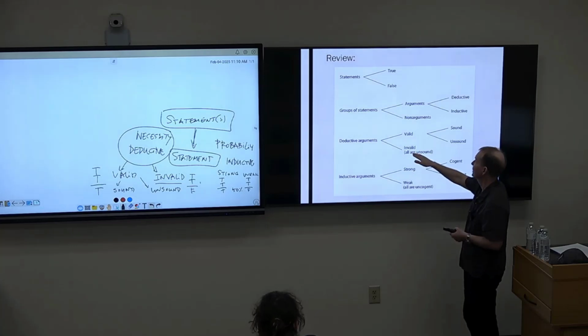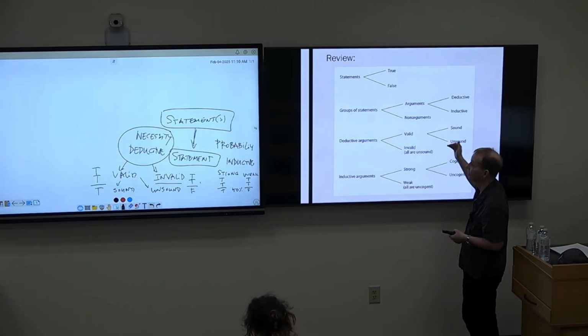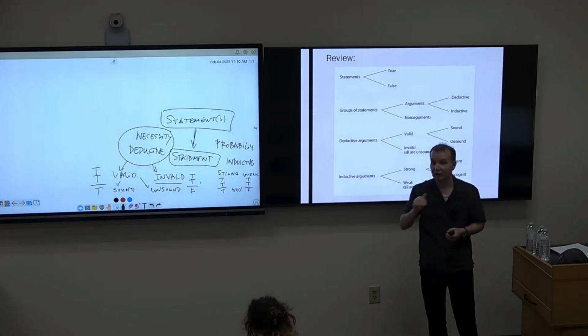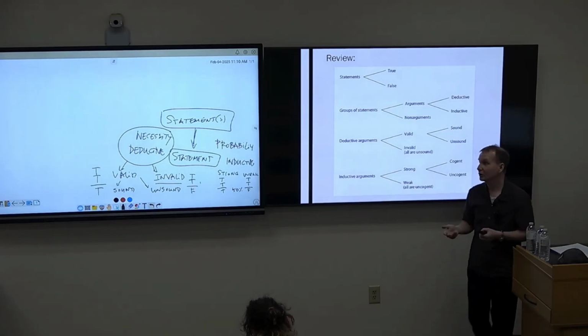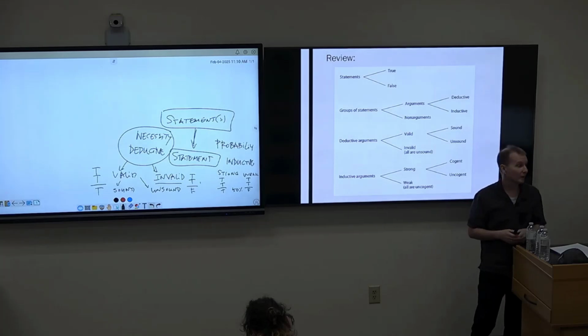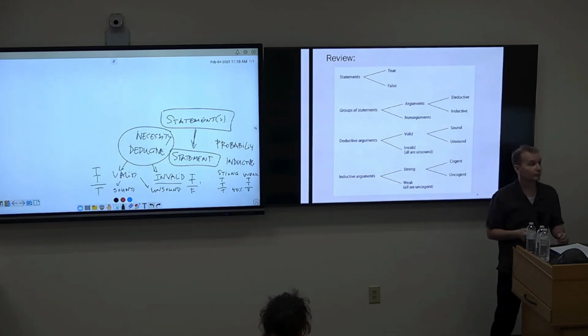All invalid ones are unsound, but valid ones can be sound or unsound depending on whether the premises actually are true. Inductive, similarly, strong and weak. Weak ones are always uncogent, but strong ones can be cogent or not depending on whether premises are actually true. Whether premises are actually true is an epistemological question. We're not going to go there very far, but just mention it now and then.